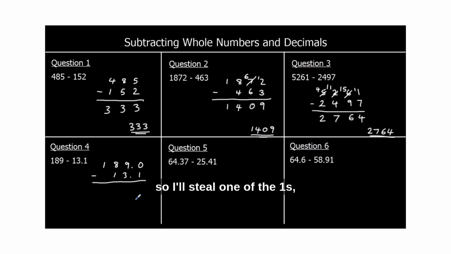I don't want to do that, so I'll steal one of the ones, and that's worth 10 in the tenths. So 10 take away 1 is 9. The decimal point stays where it is. 8 take away 3 is 5 in the ones. The tens, 8 take away 1 is 7. And the hundreds, 1 take away nothing is 1. So we've got 175.9.